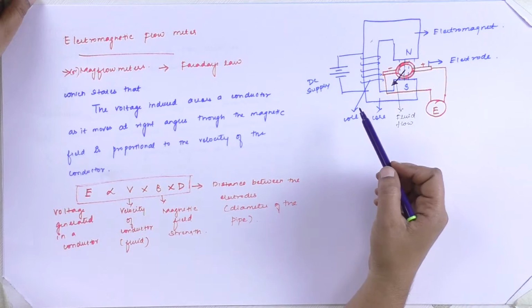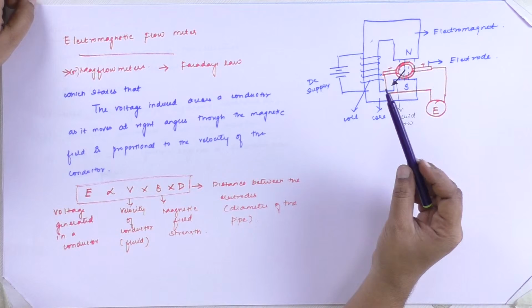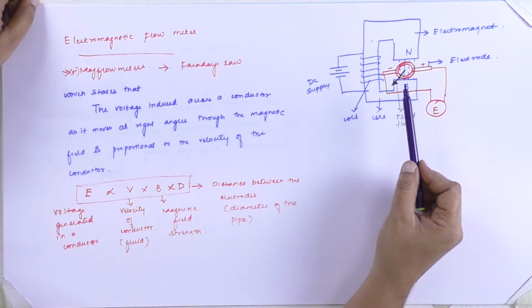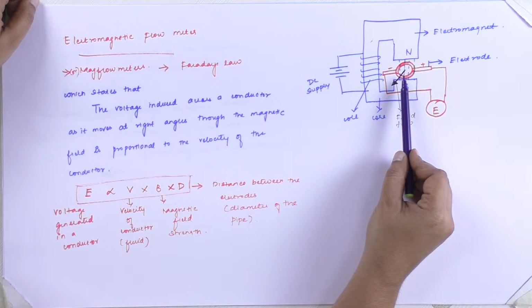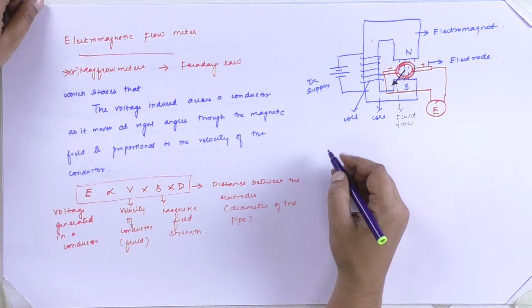This electromagnetic flow meter consists of an insulated, non-conducting, non-magnetic pipe carrying the conductive fluid whose flow is to be measured.